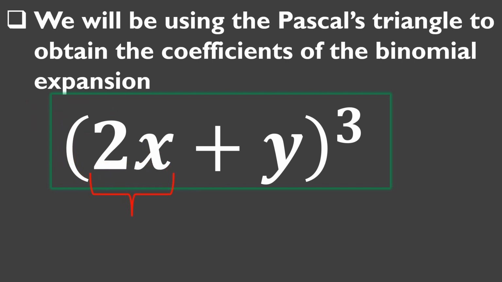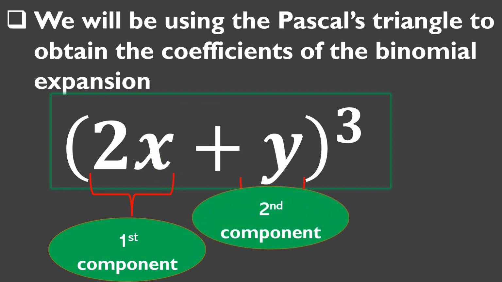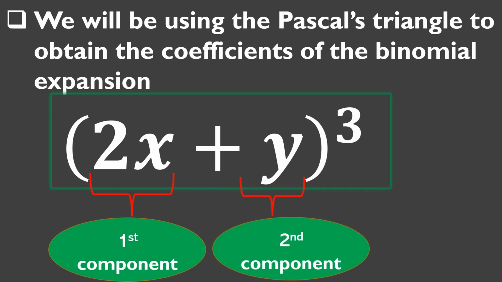Now we have a term, the first component, 2x. 2x is a monomial, and y is the second component, which is also a monomial, a single algebraic expression.